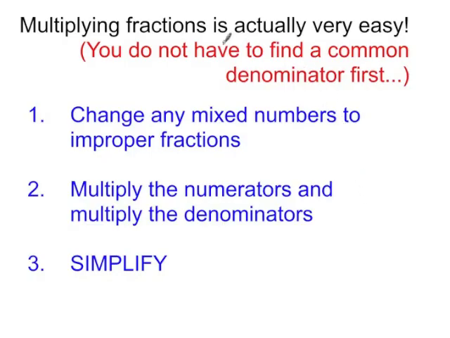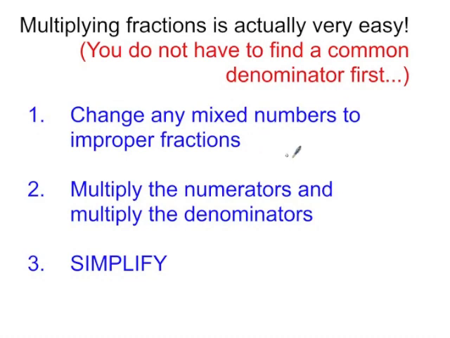Multiplying fractions is actually quite an easy operation to perform. Unlike when you're adding and subtracting and you must have a common denominator first, you don't need to do that when multiplying fractions. What you do need to do is change any mixed numbers to improper fractions.